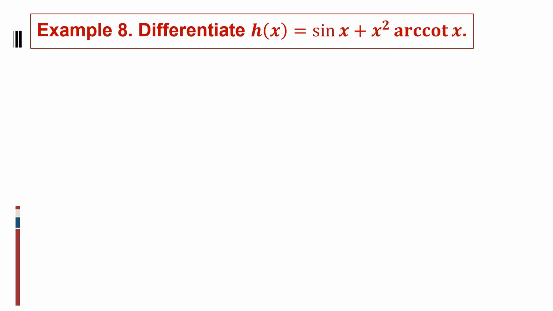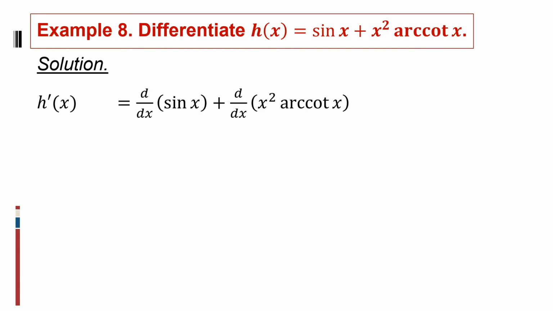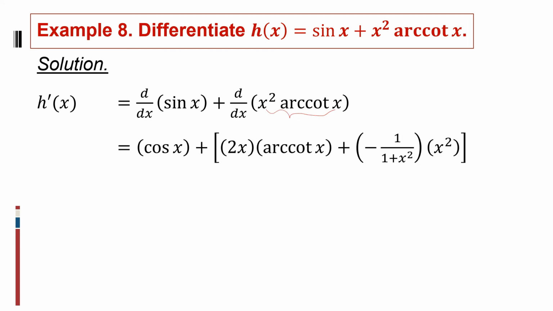And finally, let's differentiate h of x equals sine x plus x squared arc cotangent x. So, since meron tayong sum, kunin natin yung derivative ng sine x plus derivative of x squared cotangent x. Pero dito, gagamit tayo ng product. So, we have derivative of sine x is cosine x plus derivative of x squared arc cot x is, gamitan natin ng f'g plus g'f.